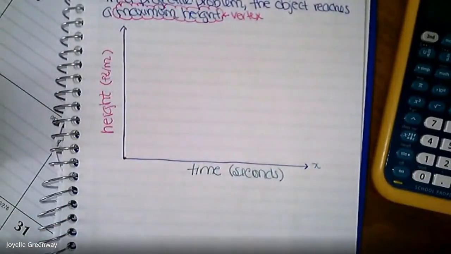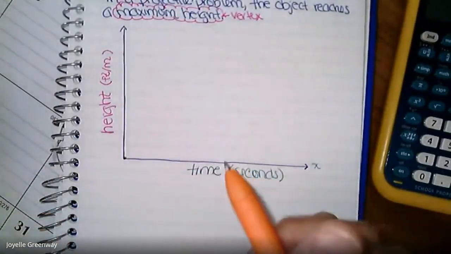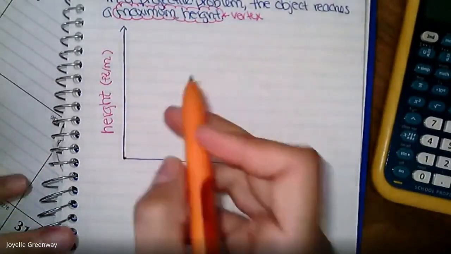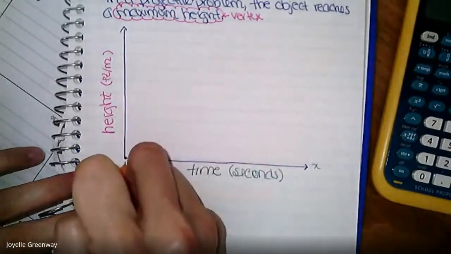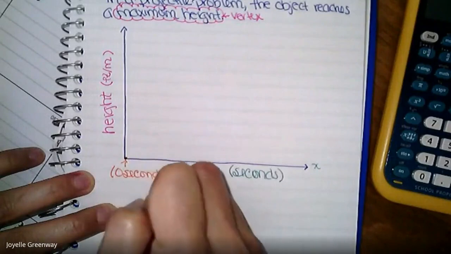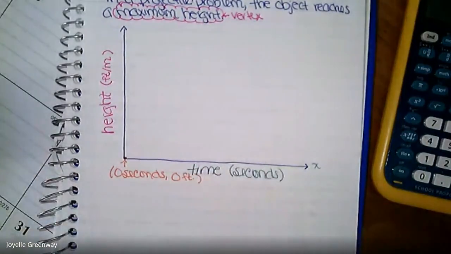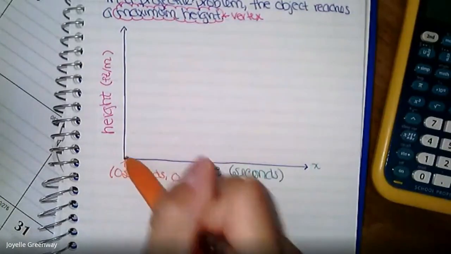If you're kicking something like a soccer ball, or you're teeing off for golf and you're going to hit your golf ball, you're going to start at 0 seconds and 0 feet, let's say. Okay, so that's your origin. That's where you start.